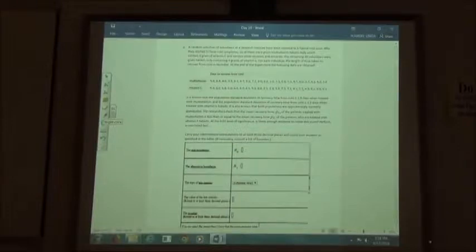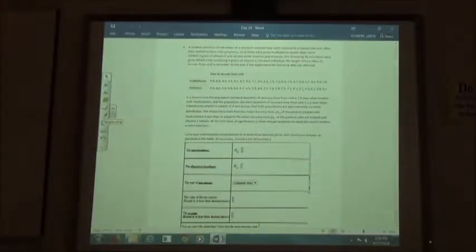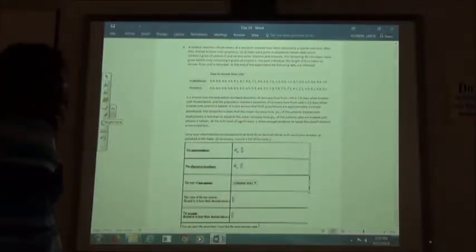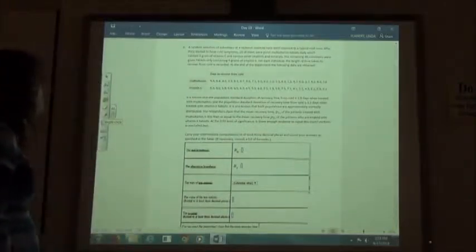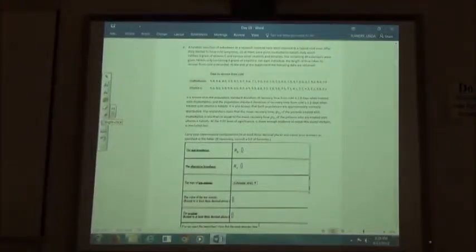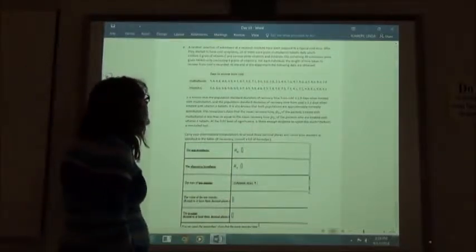So, it says, a random selection of volunteers at a research institute have been exposed to a typical cold virus. After they started to have cold symptoms, 20 of them were given multivitamin tablets daily, which contain 1 gram of vitamin C and various other vitamins and minerals.